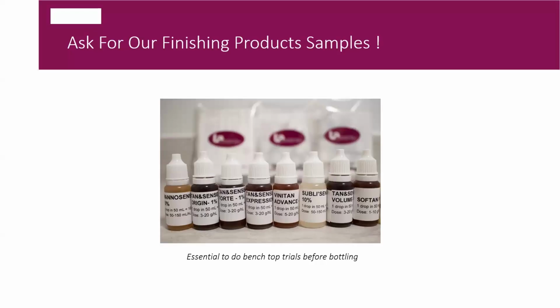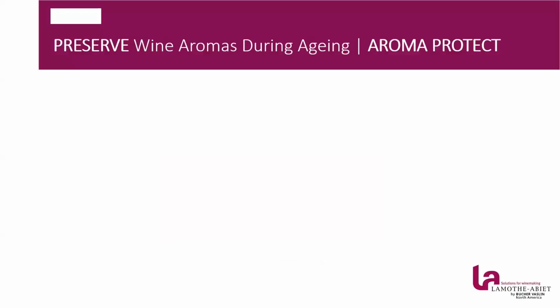So you can send me an email or contact your sales rep for this kind of product samples, because this contains some oak tannins, grape tannins, which are very interesting to enhance the red fruit potential, and also polysaccharides. And they are also great for stability.